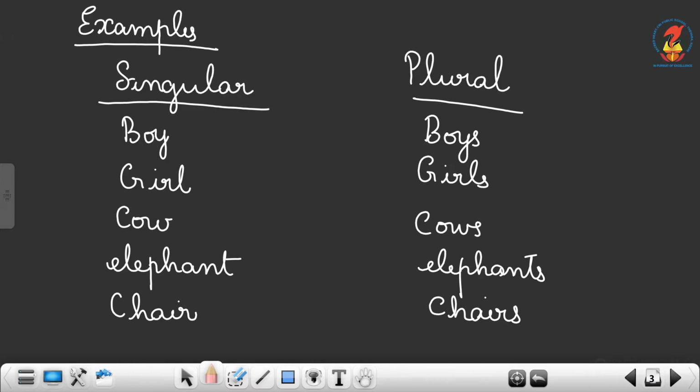Girls, it is plural. Cow, singular. Cows, it is plural. Elephant, singular. Elephants, it is plural. Chair, only one, right? So it is chair, singular form. And the plural form of chair is chairs, means it is more than one.